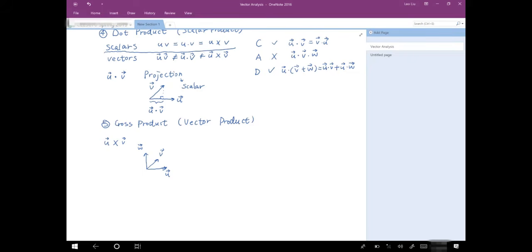Actually, the magnitude of this W is just the area.